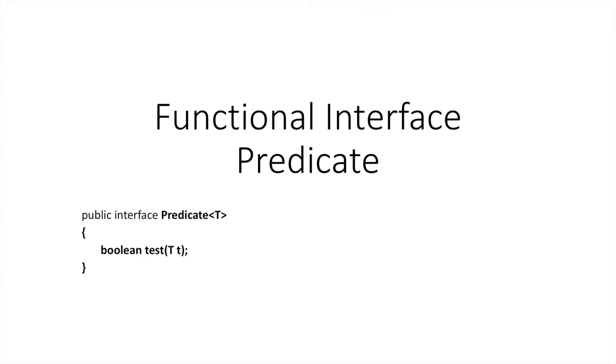Now the predicate is a very simple interface with only one method called test. If you look at the signature of the test method, it takes a single argument and returns a boolean value. Now we'll try to use this predicate in our example and see how we can improve the code.